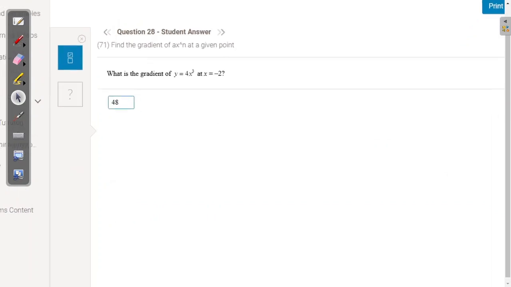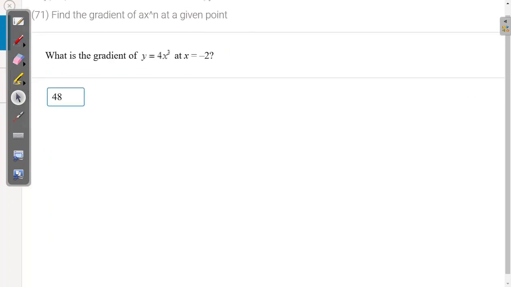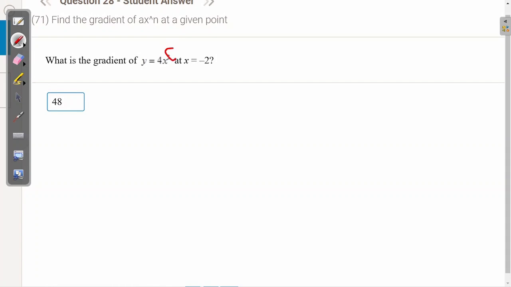Okay, now to find the gradient at a point, you find the derivative. So the derivative is you take the power down, make it go down, and it gets reduced.